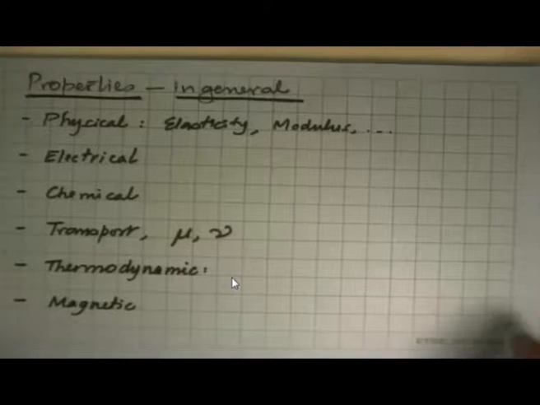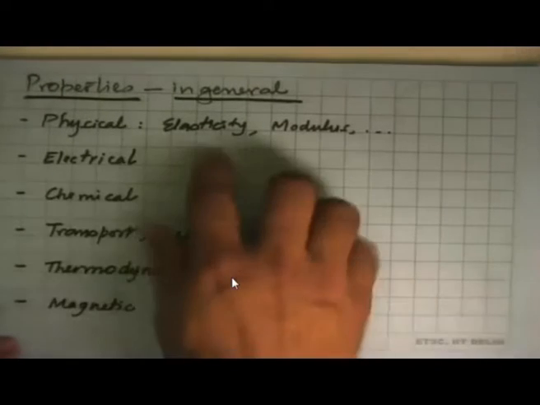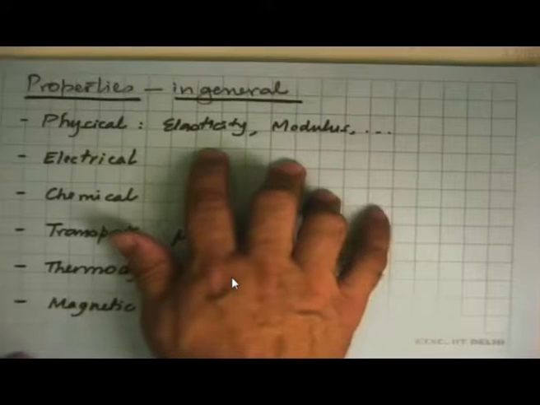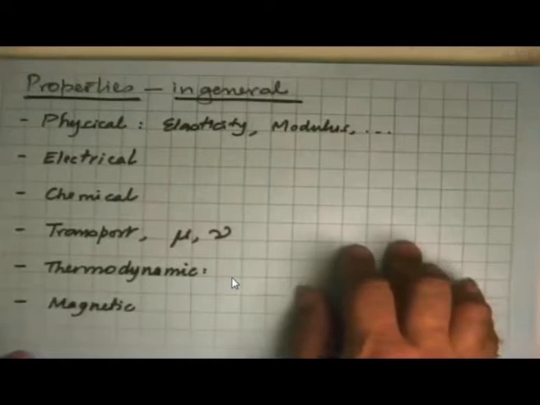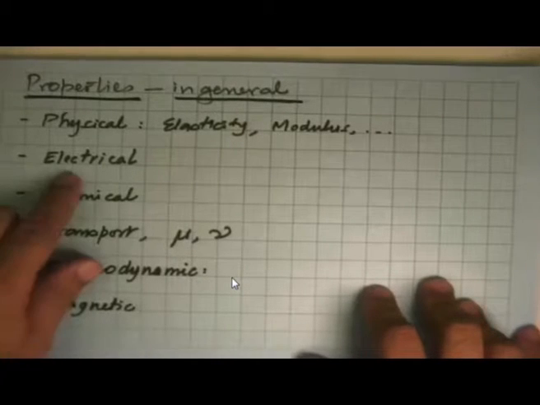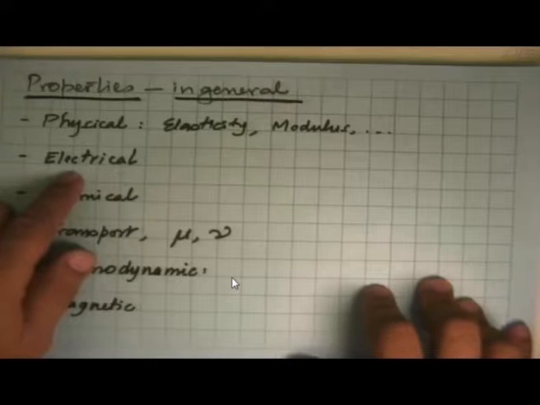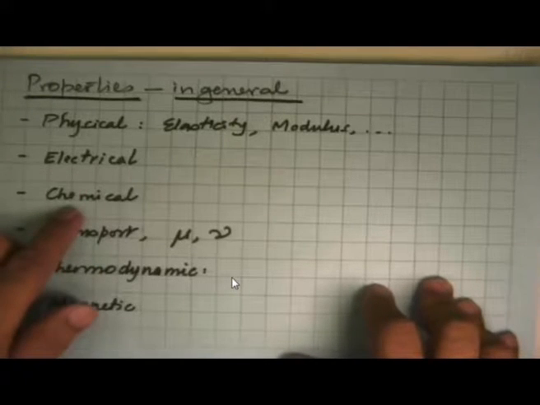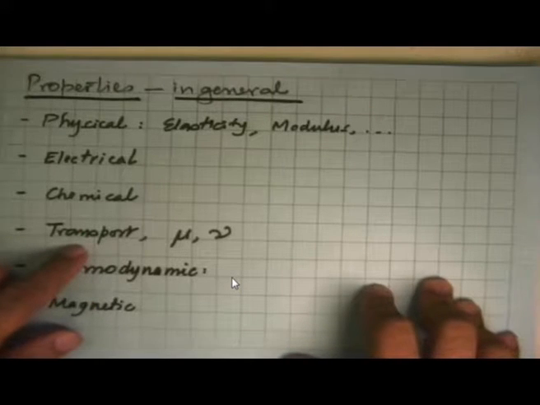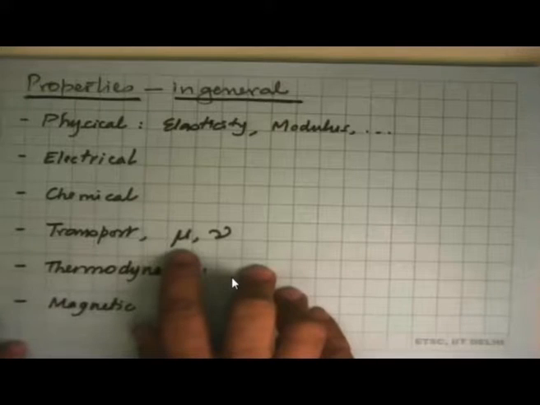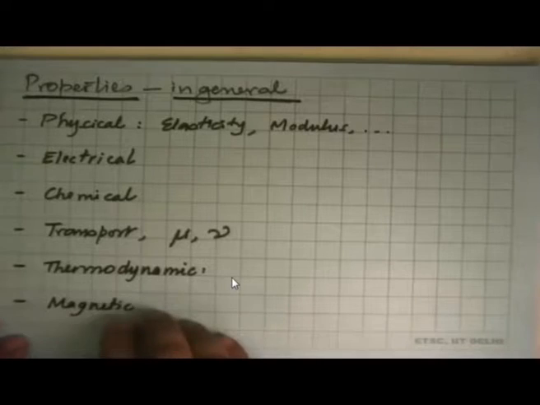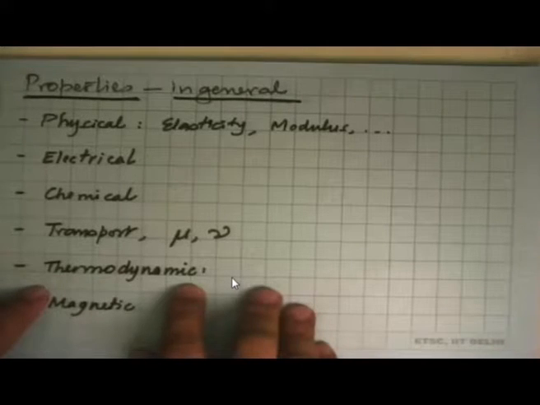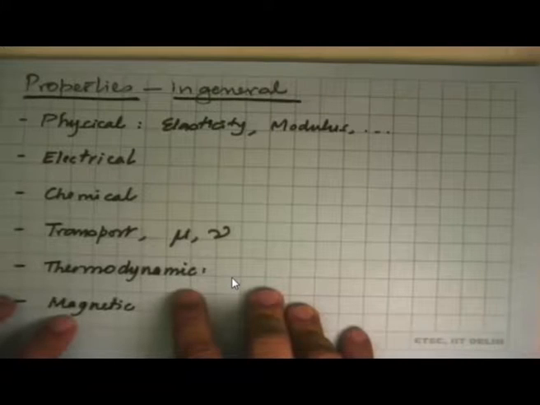We could have physical properties like what you would have come across in solid mechanics or in strength of materials, things like elasticity, modulus. Or there could be electrical properties, resistivity. Chemical properties, that is reactivity. Transport properties that one comes across in fluid mechanics, the main one there being viscosity. And then we have thermodynamic properties and also, say, magnetic properties.